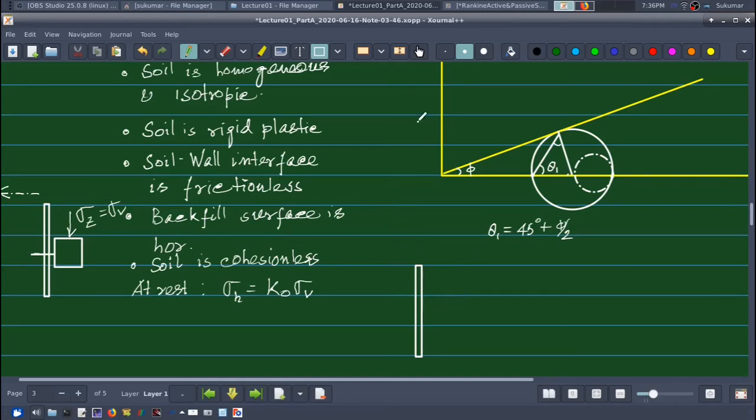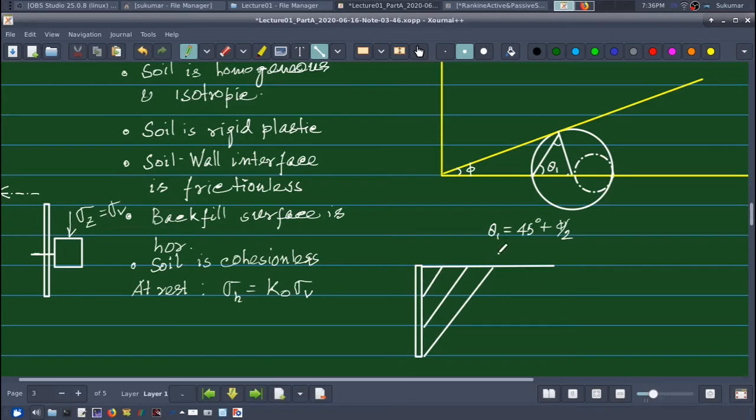Now say this is my backfill surface, okay, and this is my angle of failure plane in the failure wedge, which will be the same theta 1, okay, and there will be many parallel lines like this because the whole mass has failed.